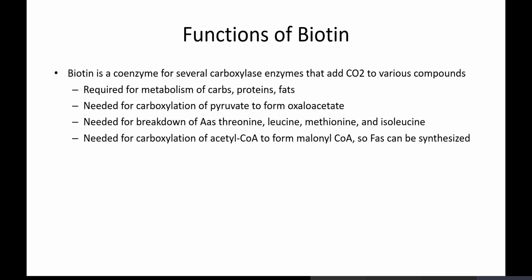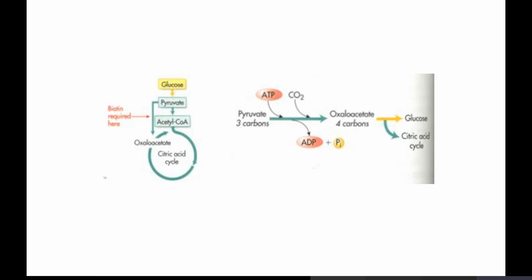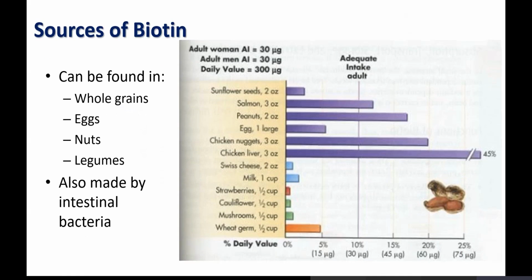It is needed in carboxylation of pyruvate to form oxaloacetate, for breakdown of threonine, leucine, methionine and isoleucine, and for carboxylation of acetyl coenzyme A to form malonyl coenzyme A, so that fatty acids can then be synthesized. It is required in various reactions like citric acid cycle and glucose conversion, and from pyruvate to acetyl coenzyme A.